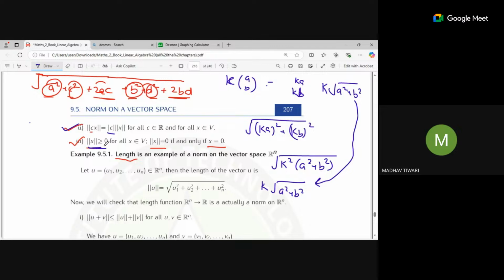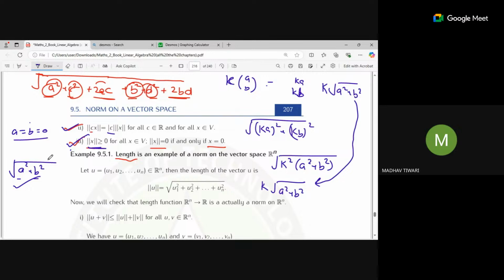Now this one, you find out whether it is greater than 0 or not. You know that if you do the dot product with itself, it will be equal to this. Or if you find out the length of any vector, it will be this. So you can see that A square and B square are both positive quantities, always greater than 0 unless A and B are both equal to 0. So yeah, this is satisfied.